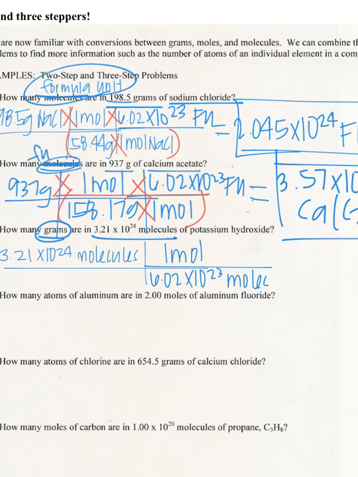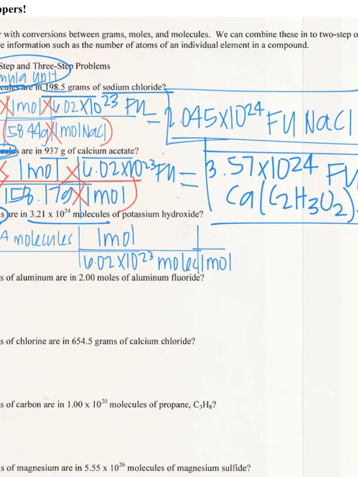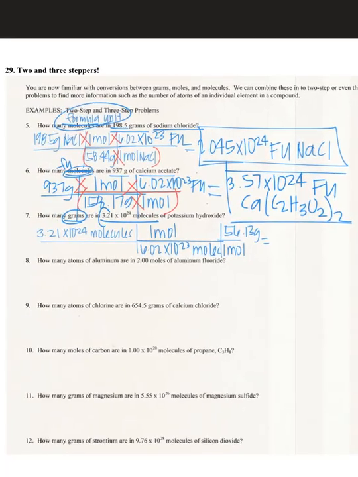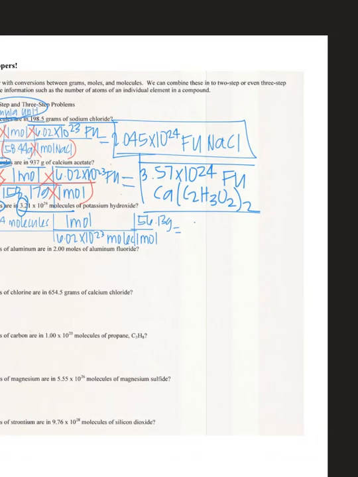Okay, and they're looking for grams. So in 1 mole, I have 56.13 grams. Okay, so when I do all that math, I get 299, which is right. My right number is sig figs. 299 grams of potassium hydroxide.